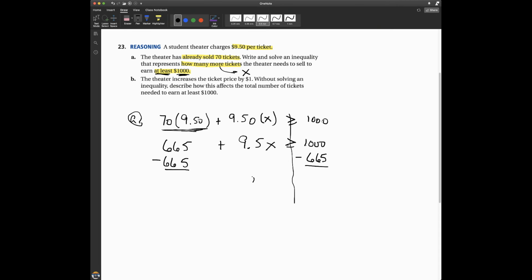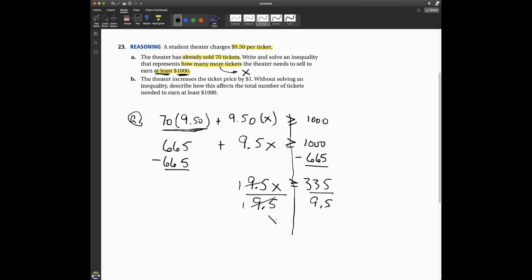And what do we get? We have 9.5x on the left side has to be greater than or equal to 1,000 minus 665, which is 335. Then to get x by itself, I just divide by 9.5 on both sides.